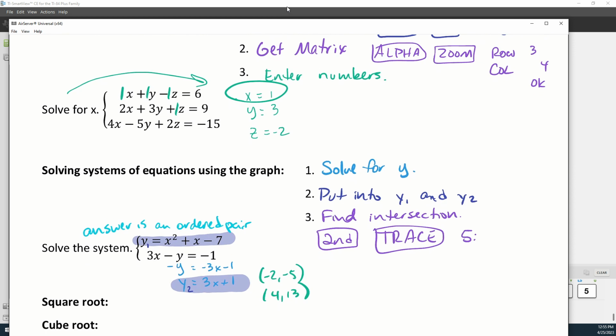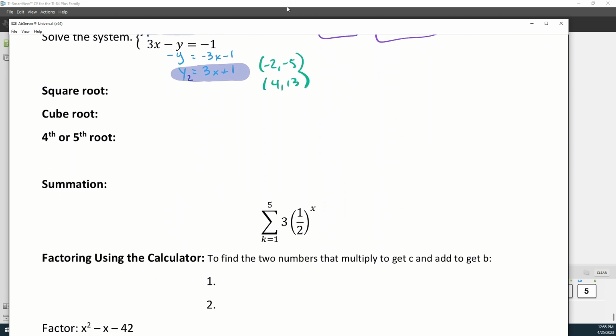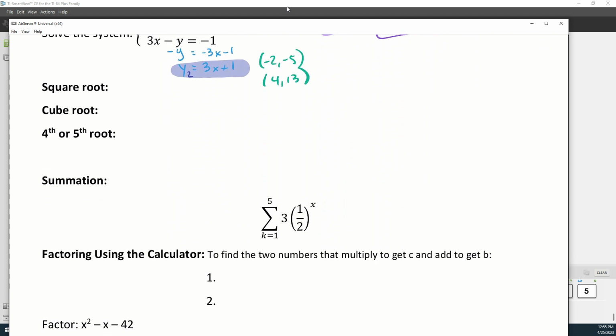Okay, and then you might have to do a square root or a cube root or a fifth root. Square root is the easiest to remember because you can actually see a little blue square root on the calculator, but it's second and then x squared. Do you guys know where the cube root is? That's okay.